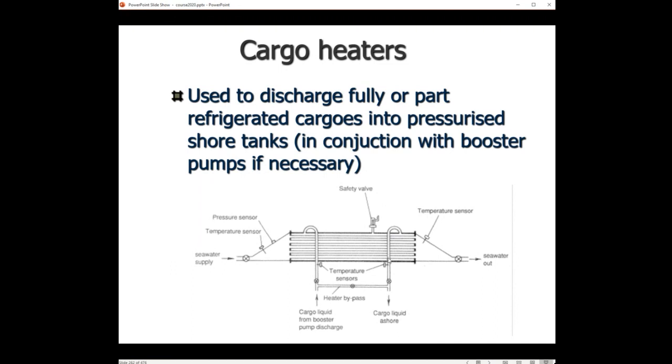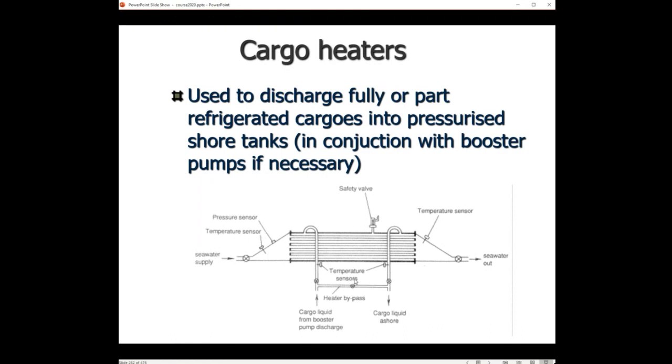Thus, the cargo liquid coming out of the heater will also be at a temperature of something like +5, +6, +7. But if -5 is acceptable for the shore, you must open this bypass here a little bit and send some very cold liquid to mix with the warmer, so that finally what you get at the manifold and what you send ashore is something like, for example, -5.